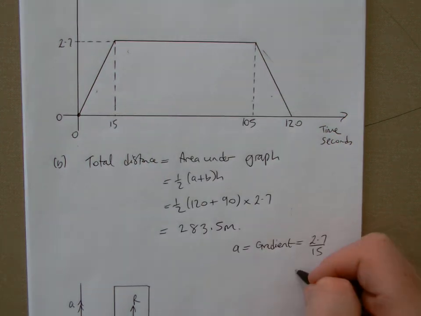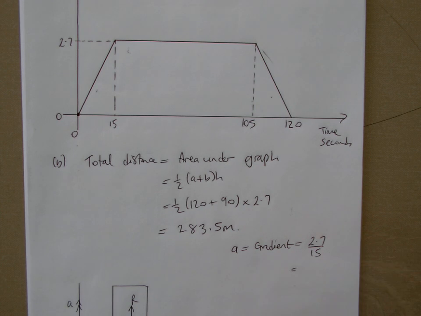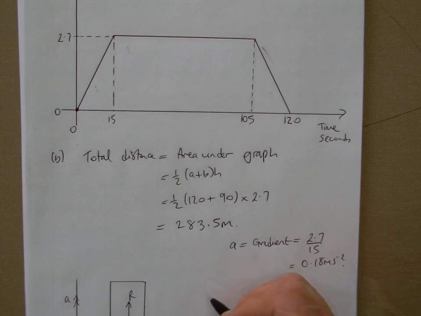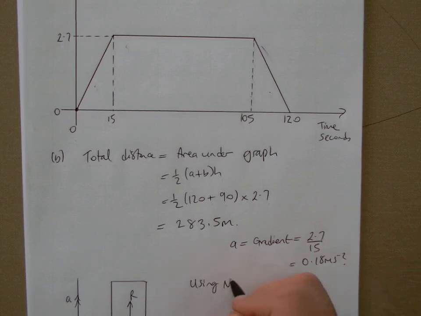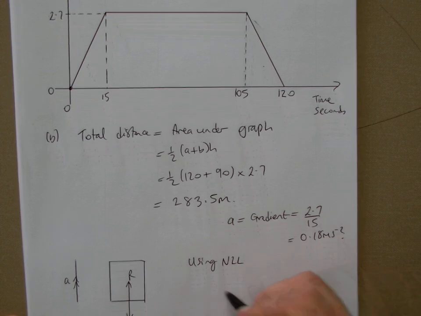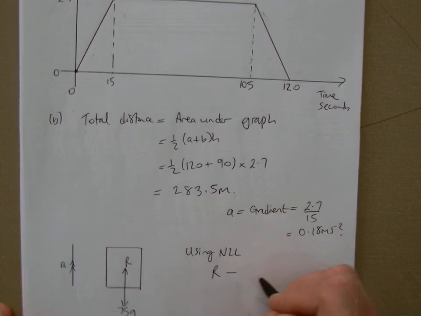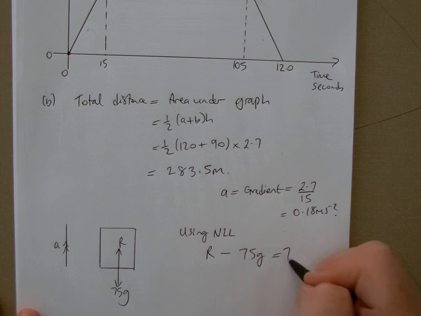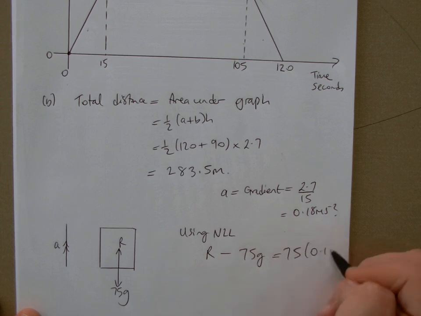You could use Suvat here. Okay, so we'll do that. Comes out to be 0.18 meters per second squared. So then using Newton's second law here, okay, I've got the reaction on the lady from the lift, take away then her weight, that's the resultant force, equals then to her mass times the acceleration.